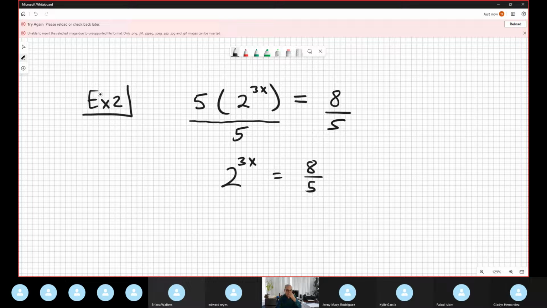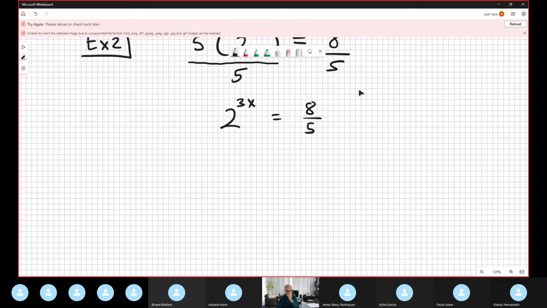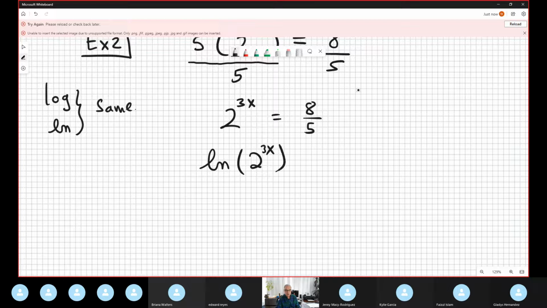So now the only possibility we have is to apply a logarithm. What kind? I want to practice with the LN. Standard, either LOG or LN. It's the same. Let's apply LN. LN of 2 to the 3x equal LN of a over 5.